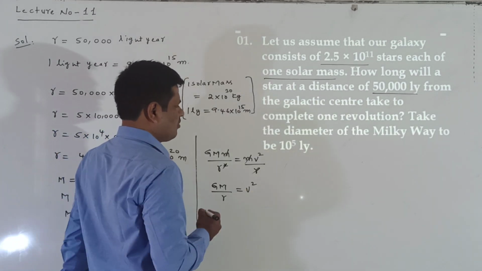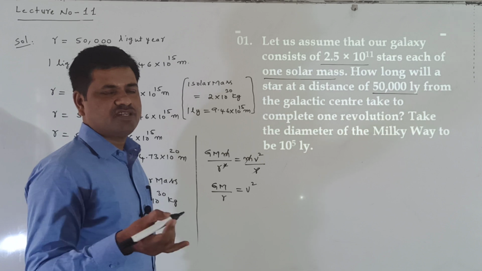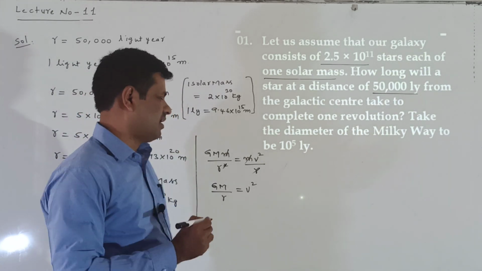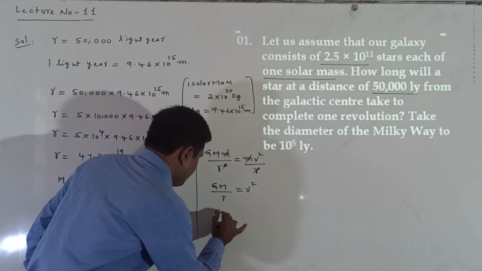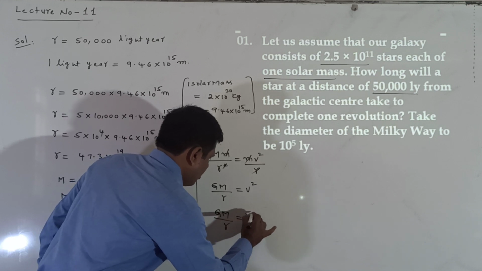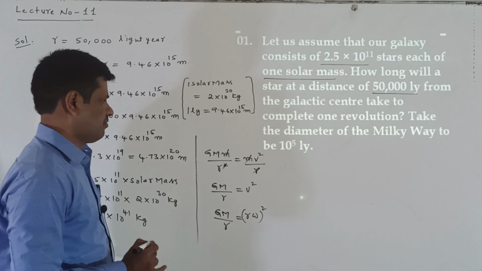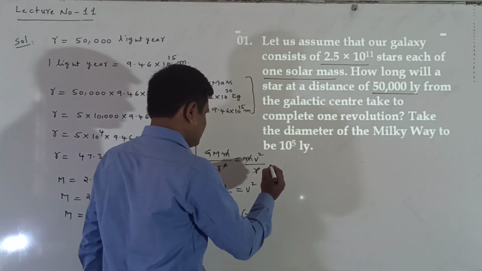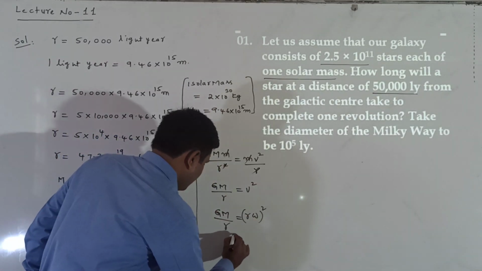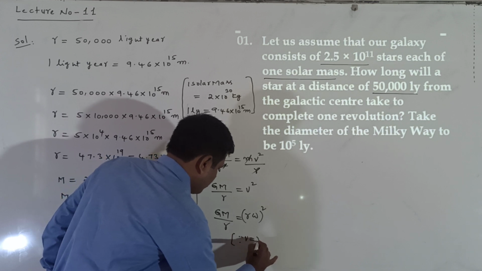But v is equal to r omega, that is the relation between linear velocity and angular velocity. So GM by r is equal to r omega whole square, because I am substituting v is equal to r omega.